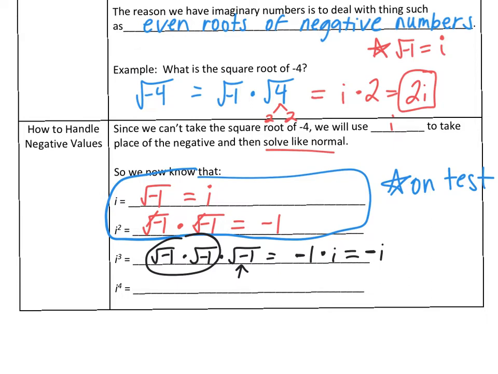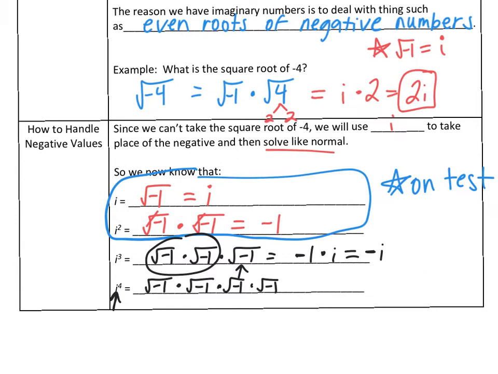With me on that? What about i to the fourth? How could I break that down? Well, i is square root of negative 1, right? So I just have that being multiplied 4 times.